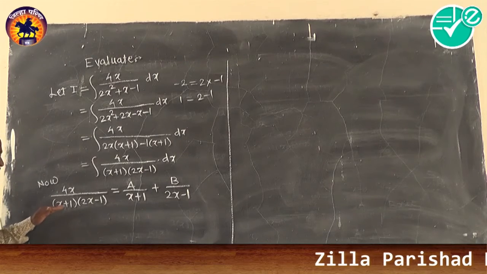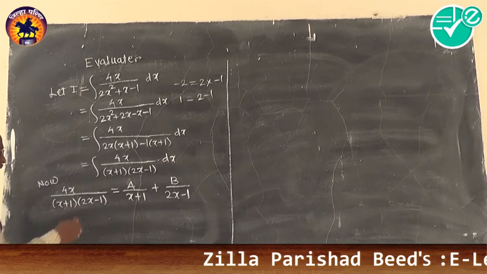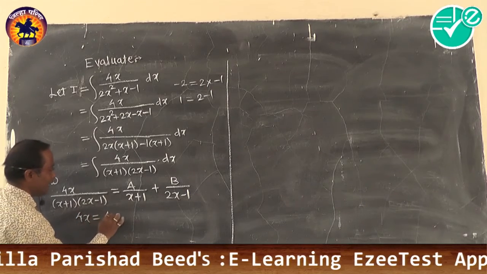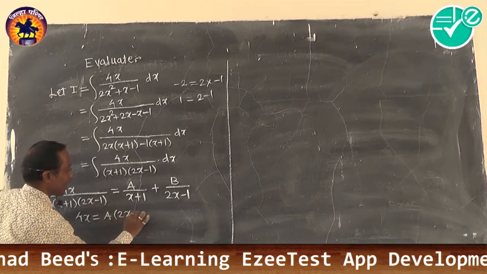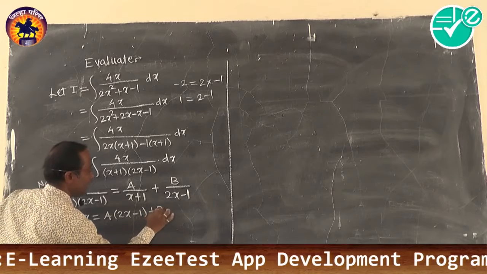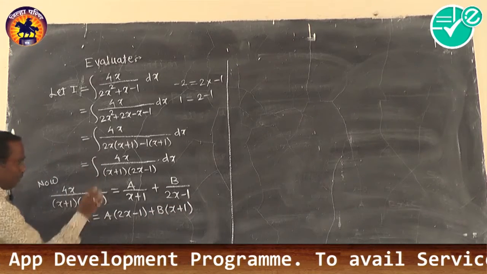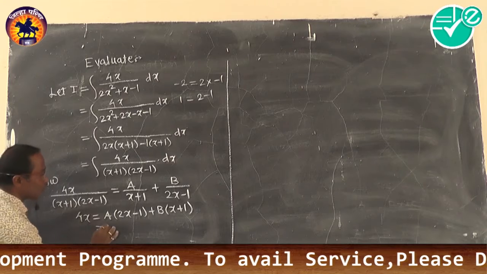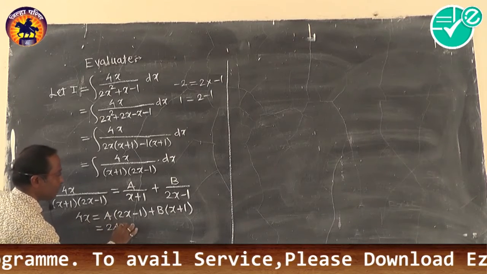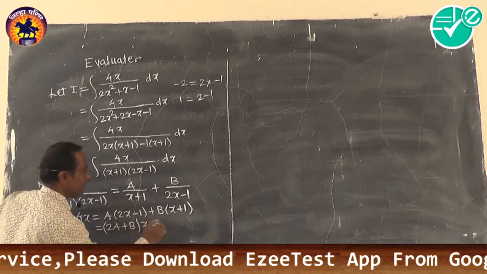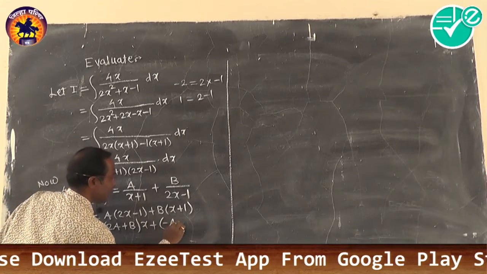So multiply by (x plus 1) into (2x minus 1). We get 4x is equal to A into (2x minus 1) plus B into (x plus 1). Now simplify this. We get (2A plus B) into x plus (minus A plus B).